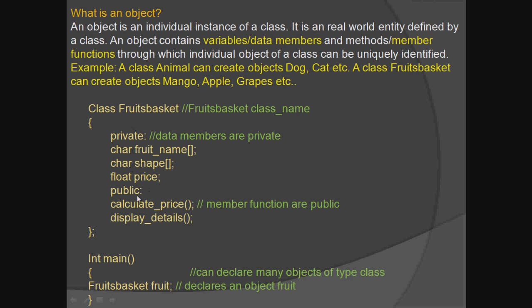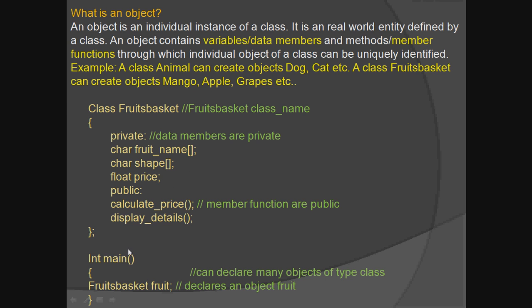So only the member functions can access these private data members. You can see that all the members have their own data type: character fruit name, character shape, float price, and the member functions are made public. This is the member function through which it can access the members of the class.